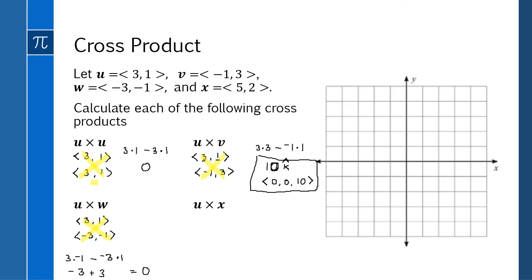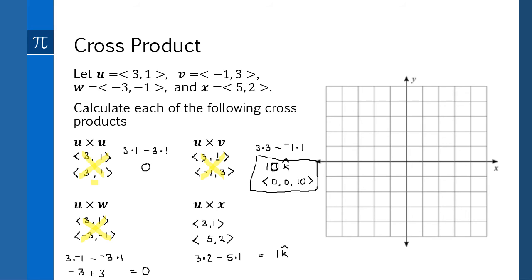And lastly, we have u cross x. This is 3, 1 cross producted with 5, 2. So we do 3 times 2 minus 5 times 1. That is 6 minus 5, which is equal to 1, and not just a scalar 1, but 1 unit along the z-axis.